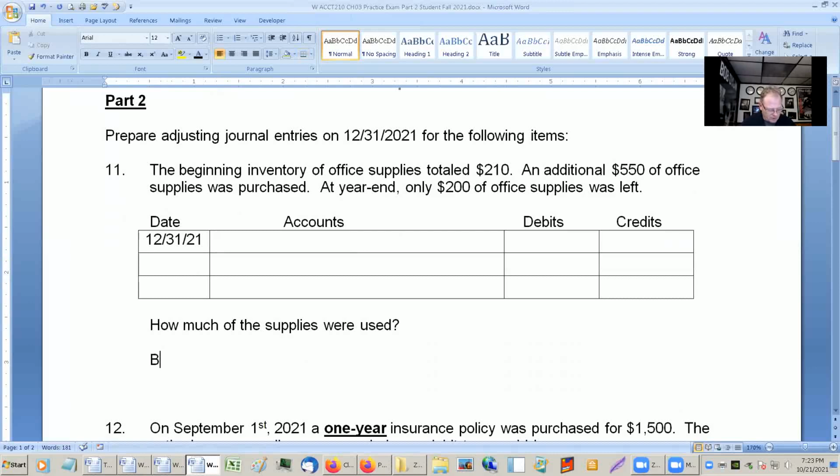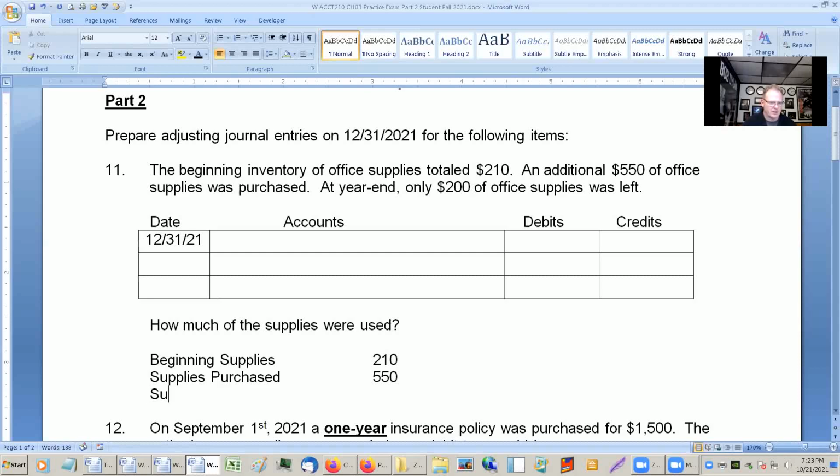I think so. 560 at the end of the year, only 200, yeah. Yeah, they use 560.